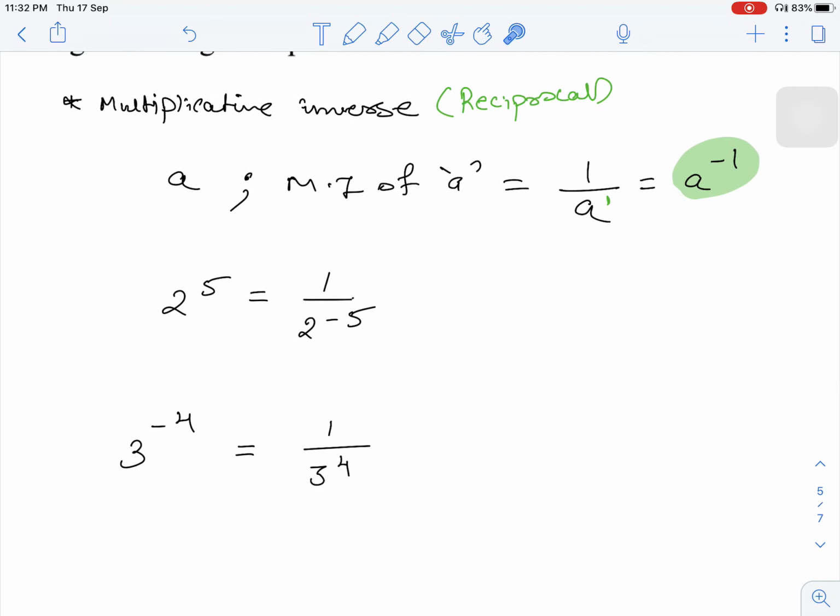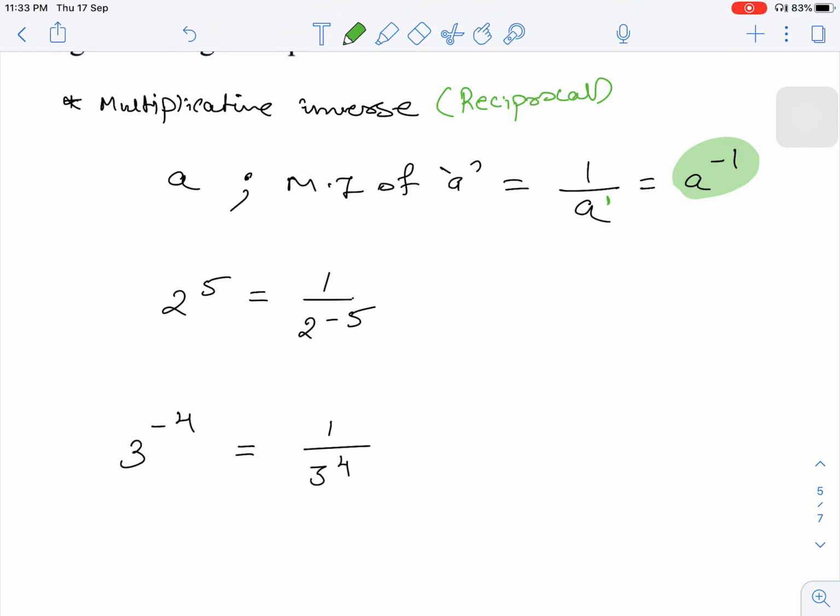Now in this example we have a negative power, 3 raised to minus 4, but I want to make it a positive power. So I just write here 1 upon 3 raised to 4. Why? Because if you want to change the sign of this power, we have to write the reciprocal of this number, and the power remains as it is.